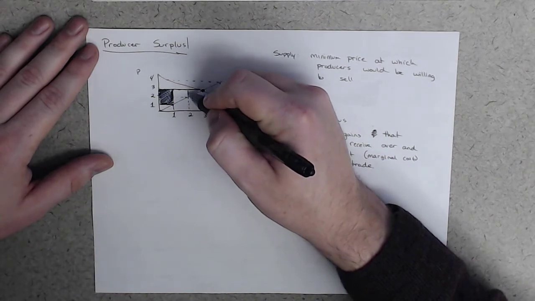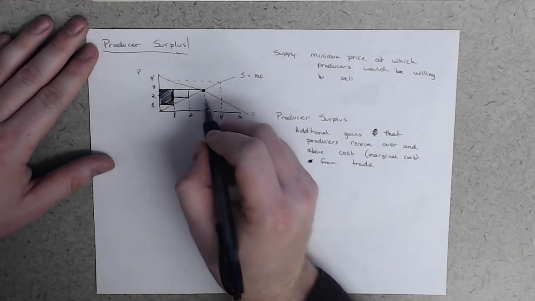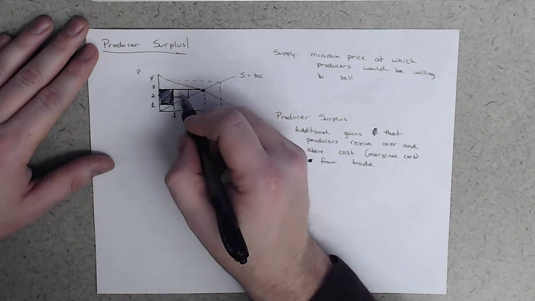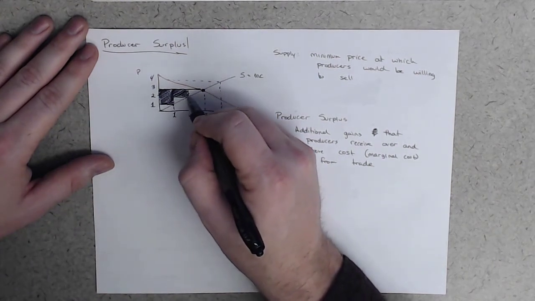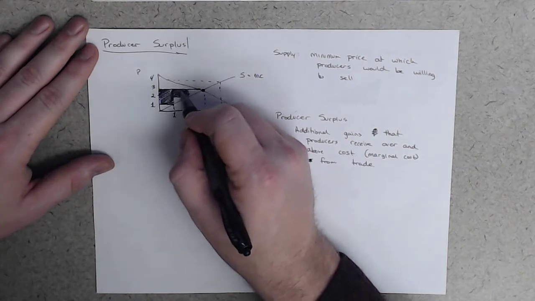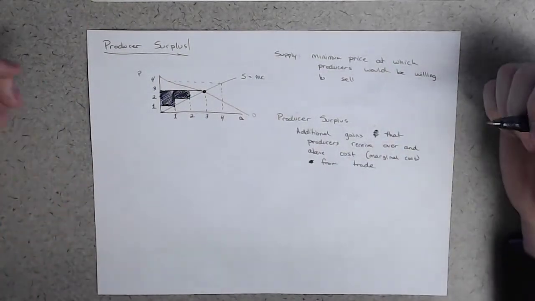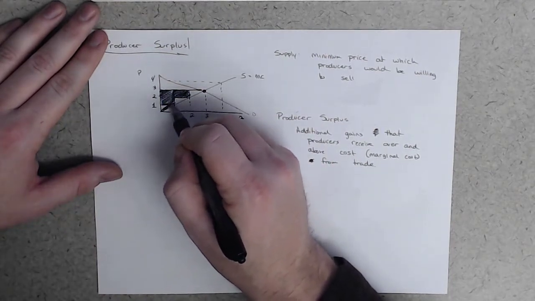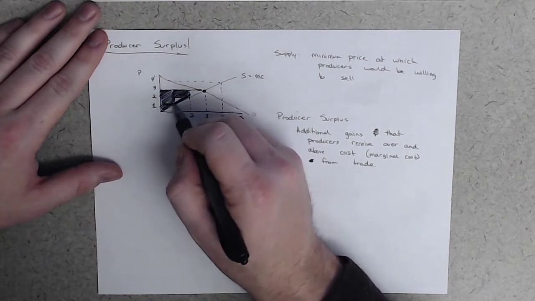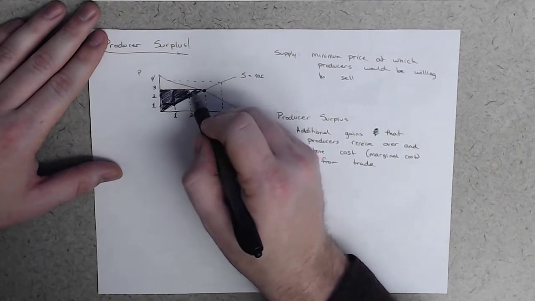And if they were to sell a second unit, they'd be willing to sell it for $2, but again, they're going to sell it for $3. And so they get this. And once again, if we were able to sell fractions of units and everything, we would find that the producer surplus is this whole triangle here.